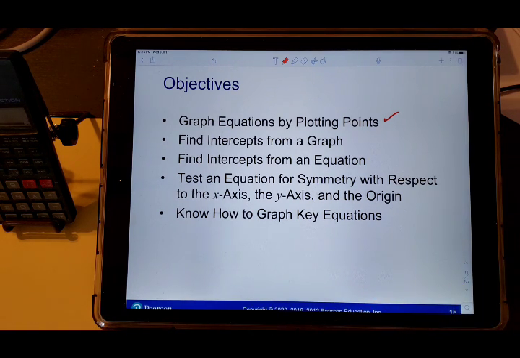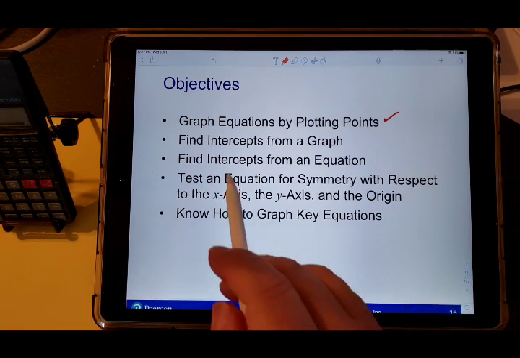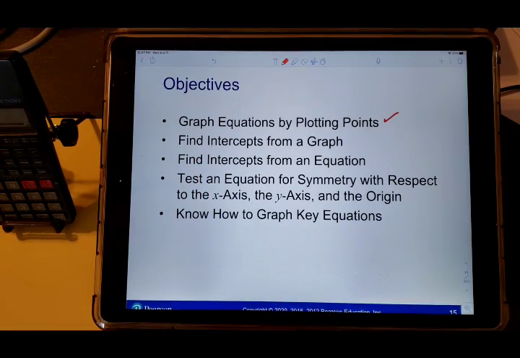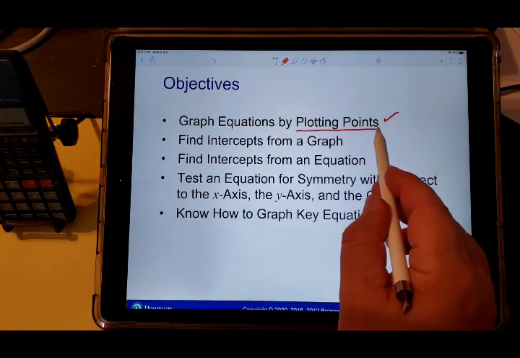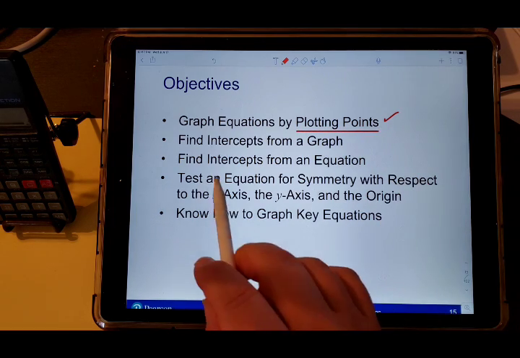And that might even be something you did in Chapter 2 just the day before. You're not allowed to forget Chapter 2 or the topics in Chapter 2, really anything. But the idea is make sure you're willing to use this, even when we're outside of this chapter, plotting points.